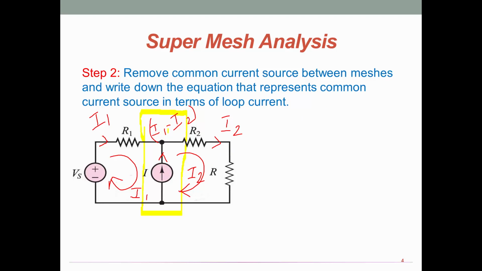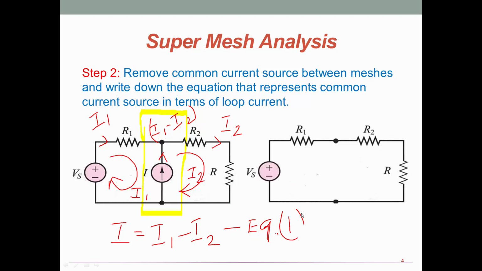That is what I did here as a branch current. So simply I can write I is equal to I1 minus I2. This is equation 1. Now after removing this current source, your circuit may look like this.